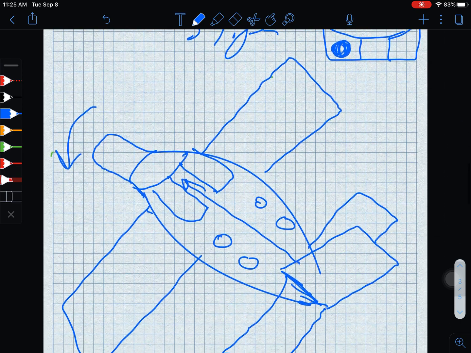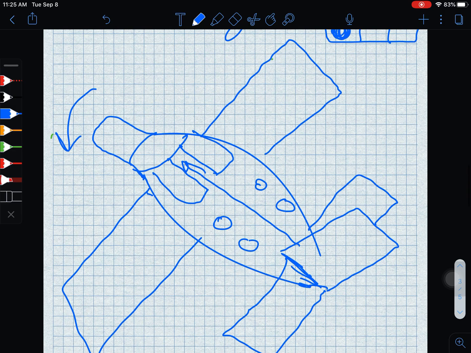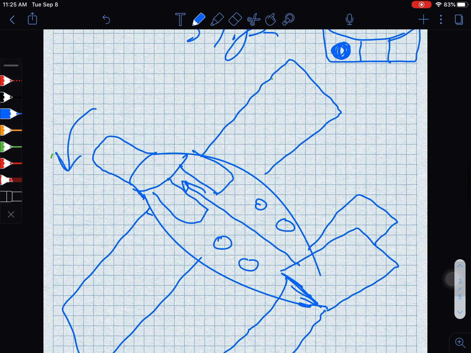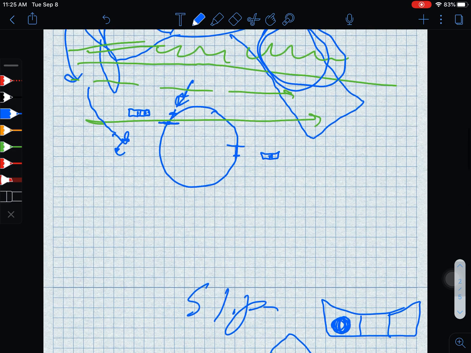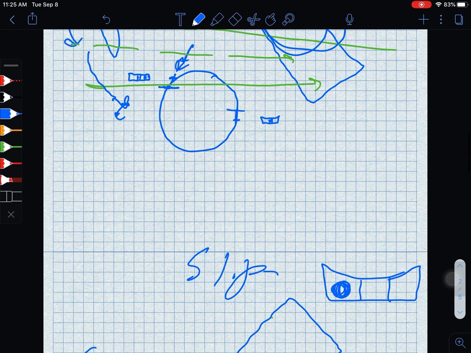So coming down to slip, let's say you're turning to the left again. You're slipping. Let's come to this picture, the drawing. This is how your aircraft should look.